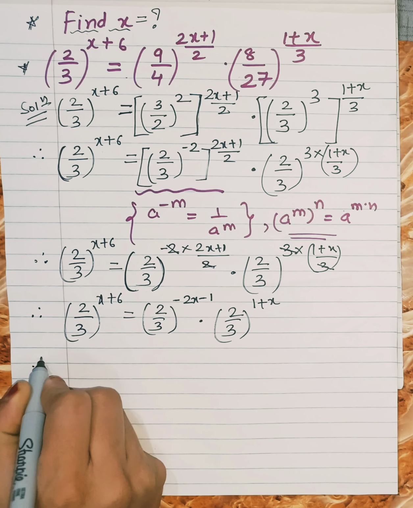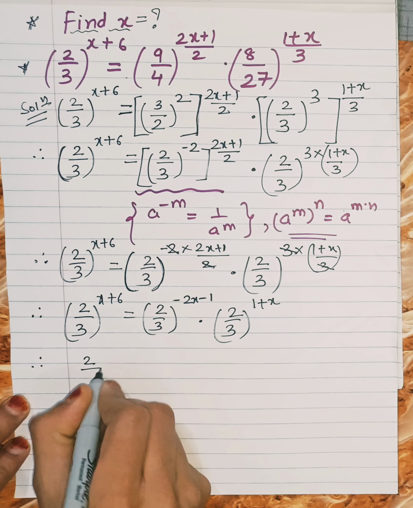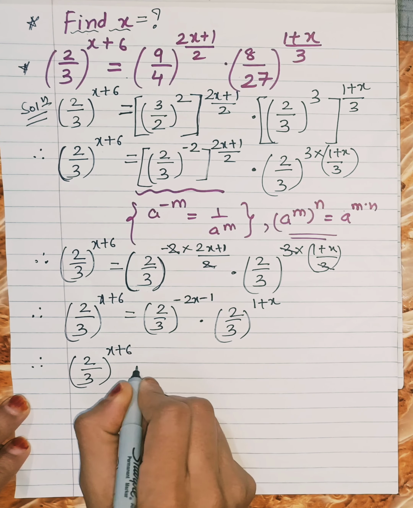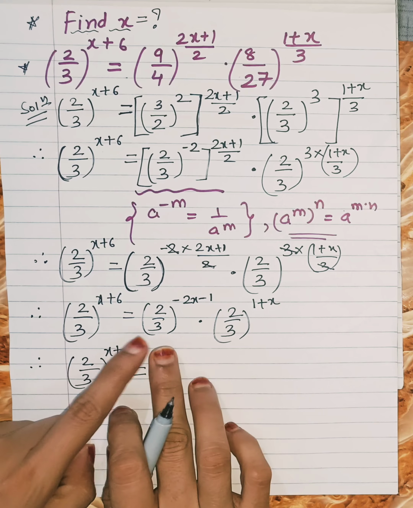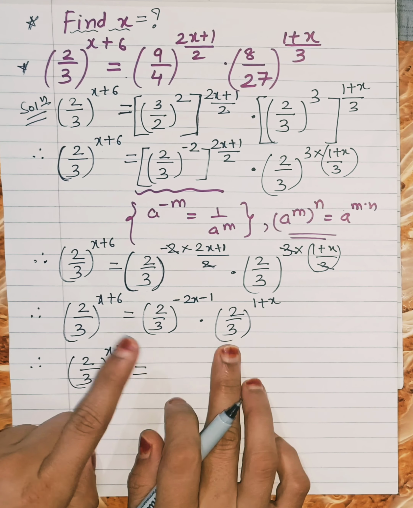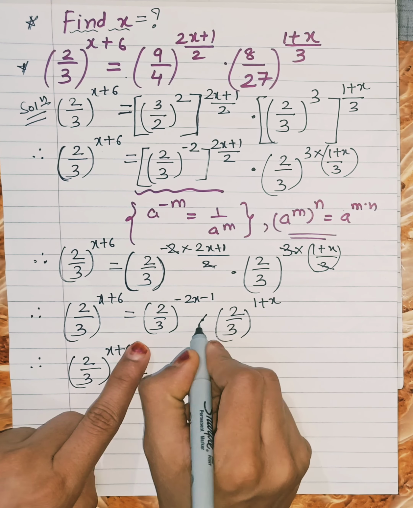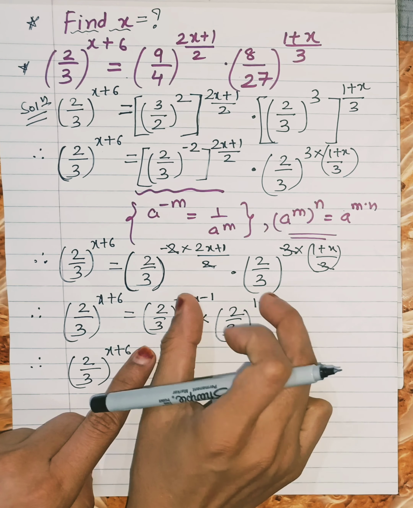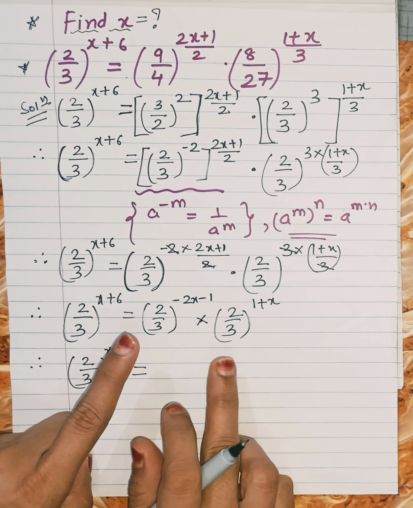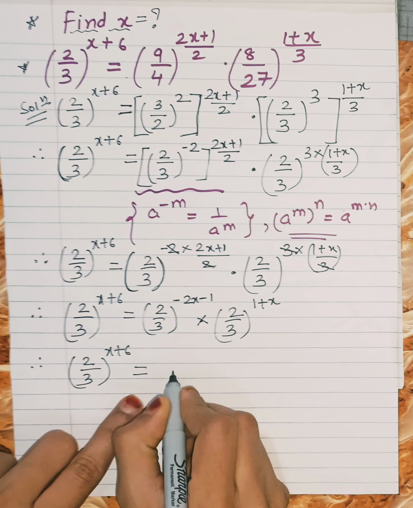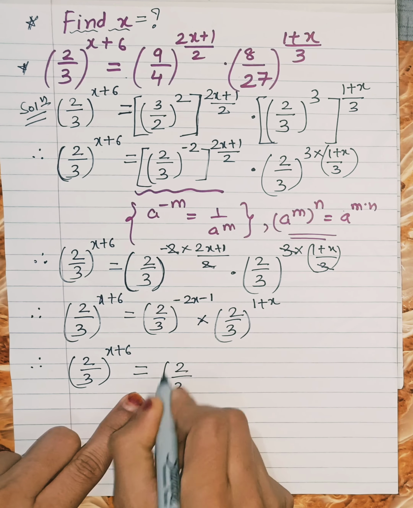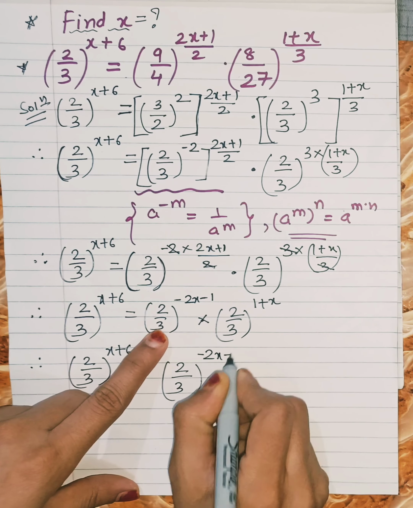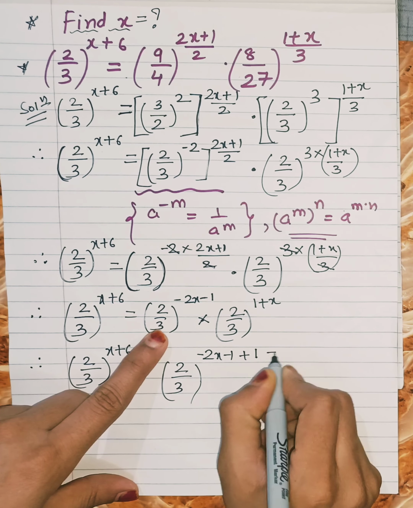Now further, this part again keeping as it is, (2/3)^(x+6) equals, now here if you see, bases are same and they are in multiplication. So again applying the rule of power and exponent, these powers can be added up because we have same bases. So (2/3) we will write and we will add the powers: minus 2x minus 1 plus 1 plus x.